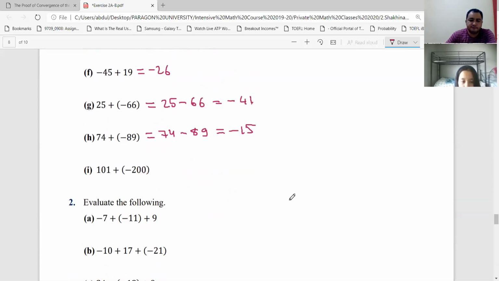The last question: 200 minus 101 is 99. So that's negative 99, right? Because 200 is greater, its sign is minus. It is opposite sign, so we subtract.